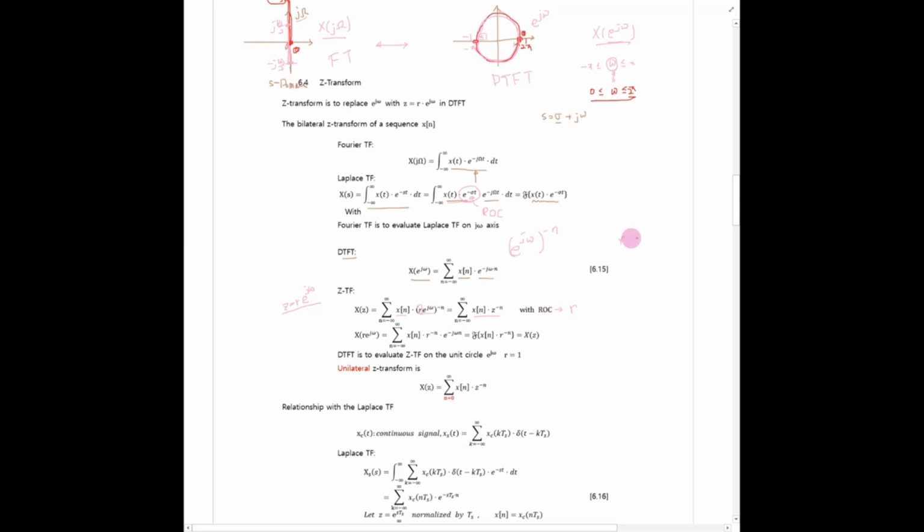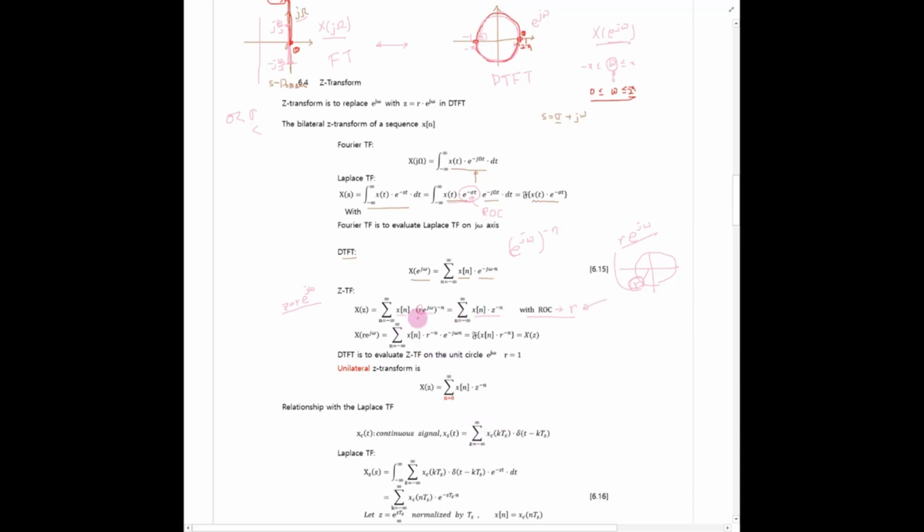You know that R times e to the j omega is actually a circle with radius R. So in the G transform, the region of convergence is always expressed by these circles, and the radius will be given as the region of convergence. In the Laplace domain, it is always expressed by sigma, sometimes bigger than some value or less than that one. But it's the same: the radius is bigger or smaller. That is the region of convergence in the G transform.